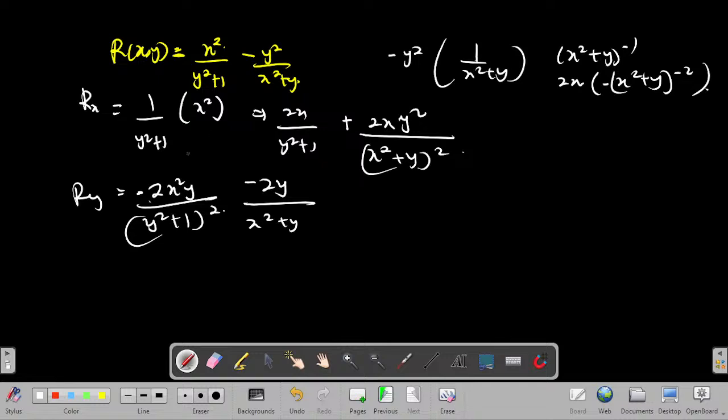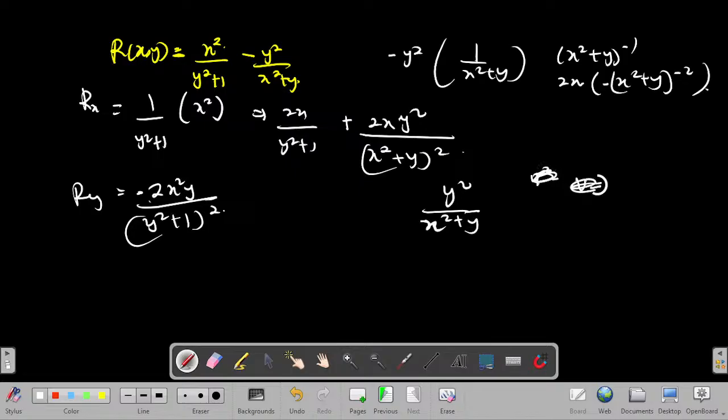So we realize that for this section, we are having x squared over y squared plus 1. So we cannot say that this one is going to be a normal one. You have y here, you have y.